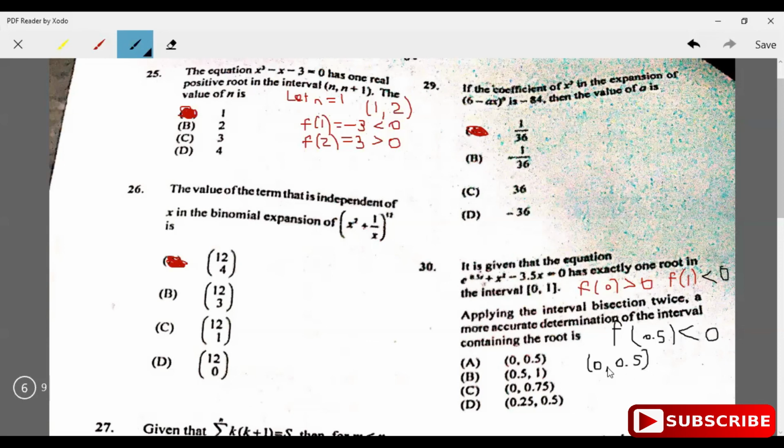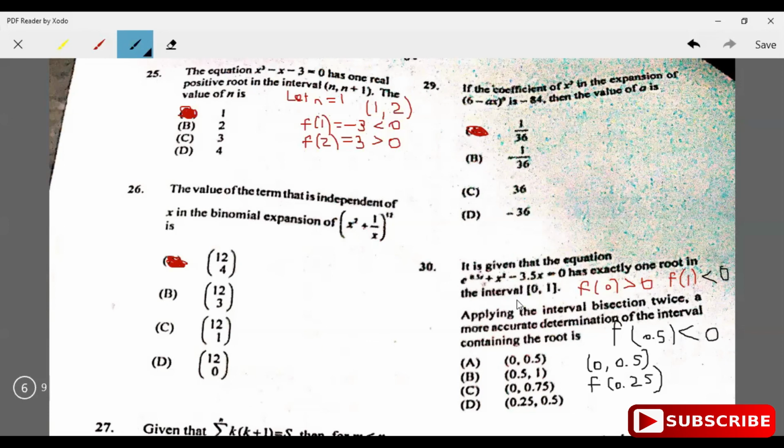For another bisection, we need to find f of 0.25. I guarantee f of 0.25 is going to be greater than 0. So e raised to the 0.5 times 0.25 plus 0.25 squared minus 3.5 times 0.25.